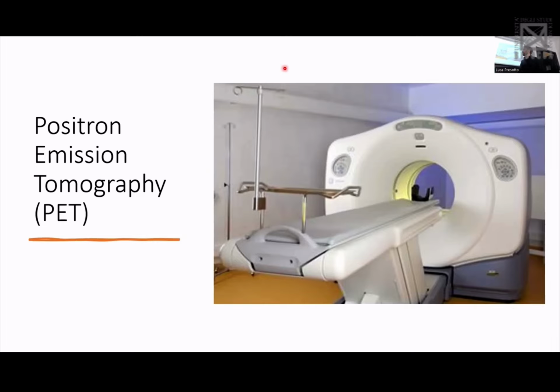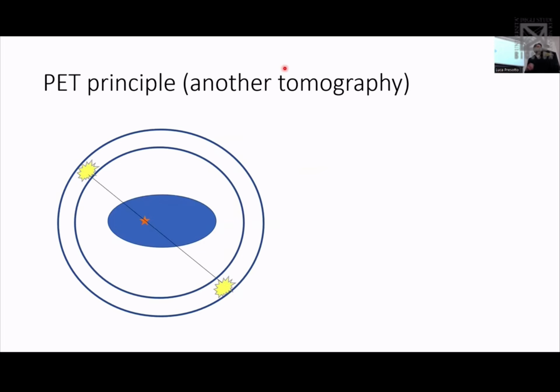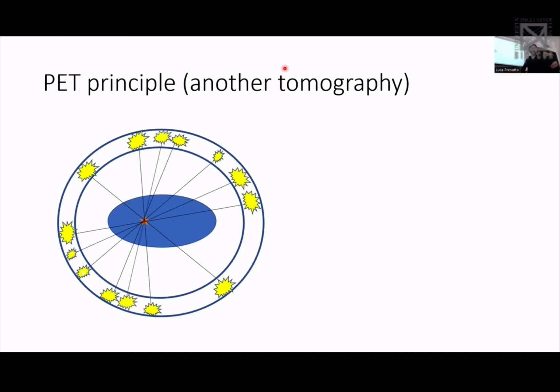And how do you exploit that? With a machine which is called the positron emission tomography. What happens? You have a nuclide inside the body that emits positrons. The positrons annihilate, and they emit two photons back to back. You put around the patient a ring of detectors.